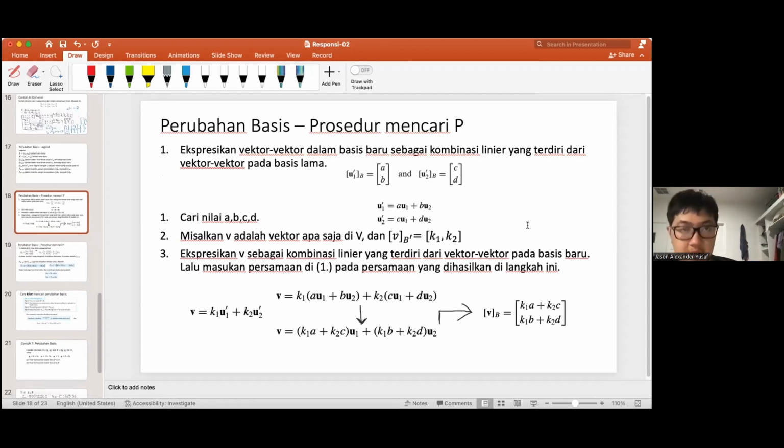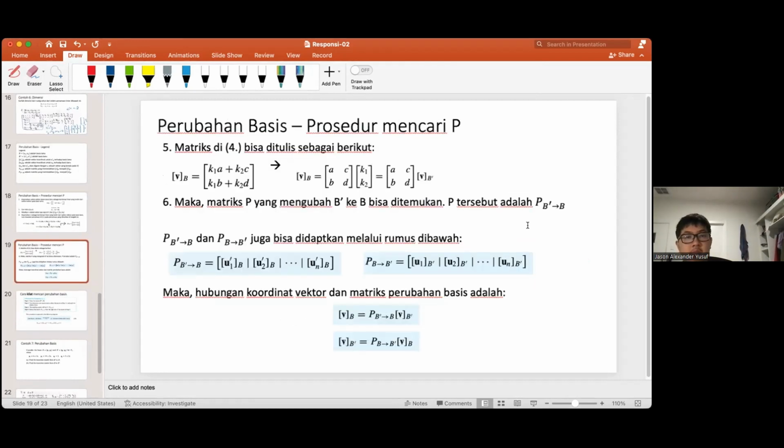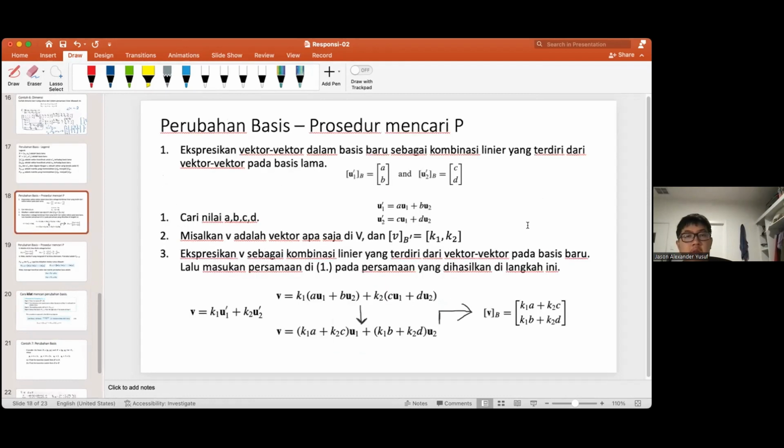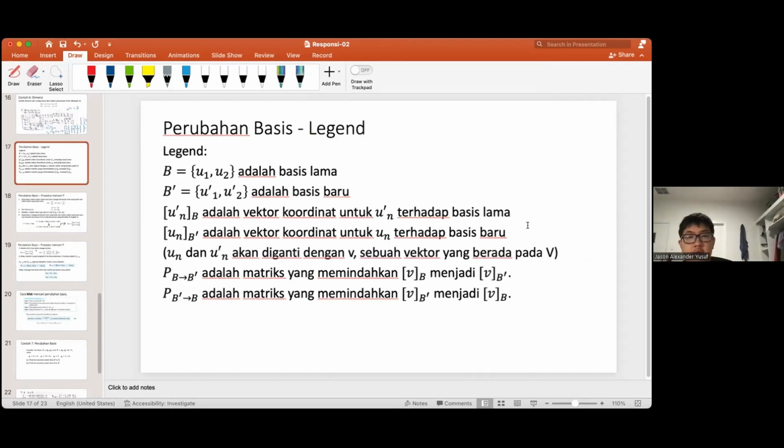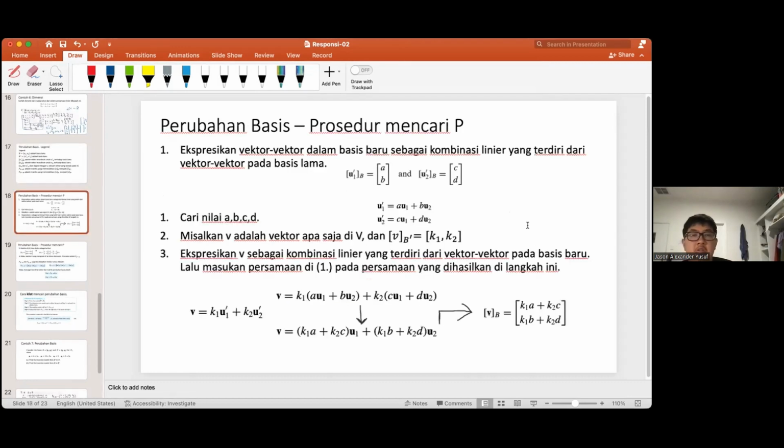So let's say you are asked to find the transformation basis, the P. The P is the matrix that changes the old basis to the new basis.